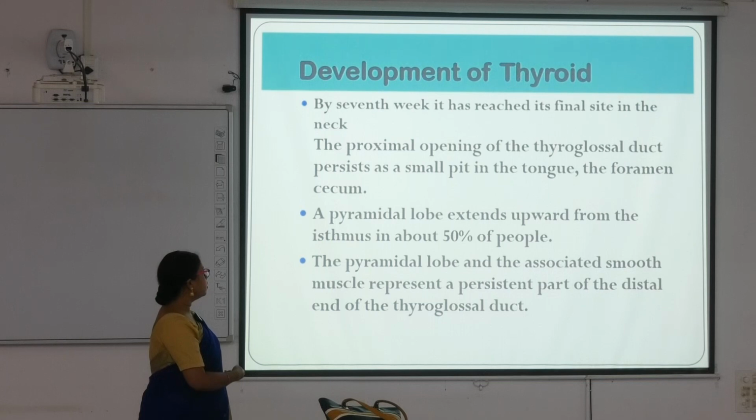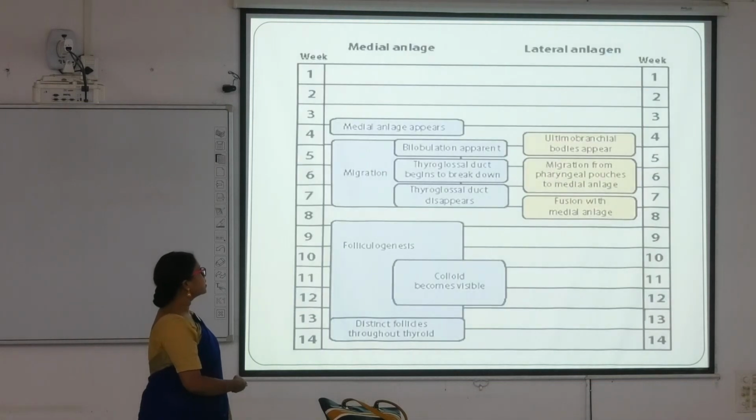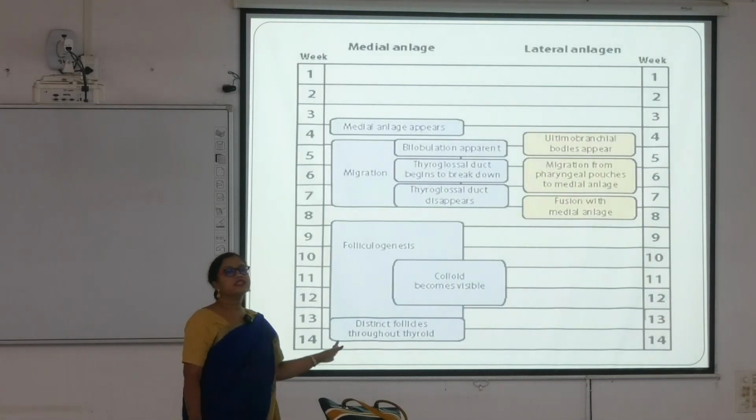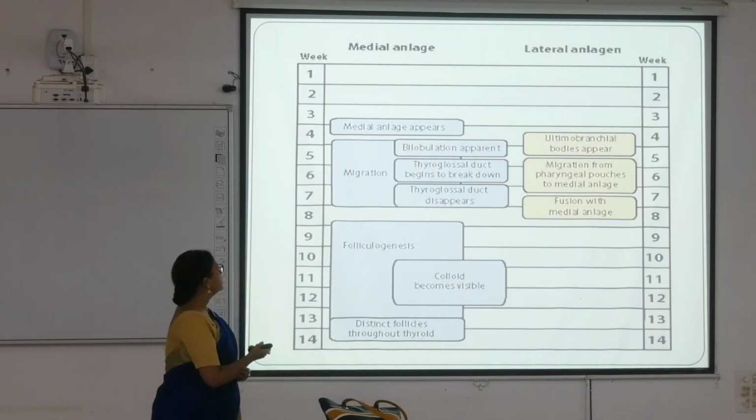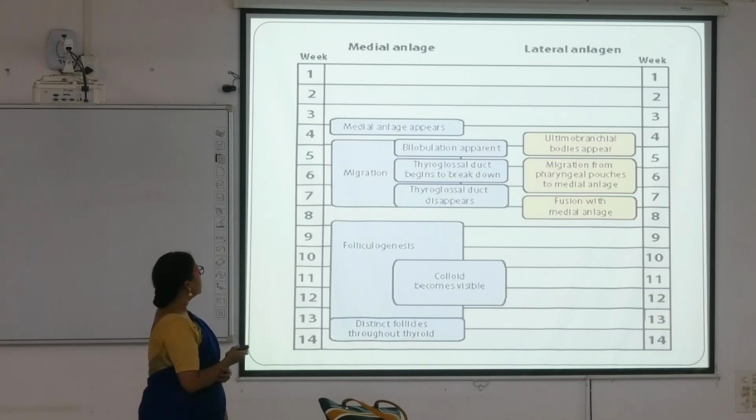Okay, so now coming to the next one. So see, they have shown different weeks and which structure of the thyroid gland develops. Take a snapshot. So you could see the thyroid gland develops within the 4th to 7th week.